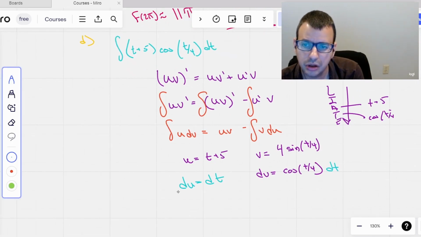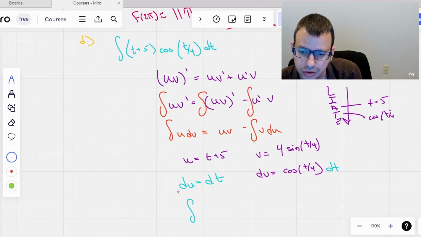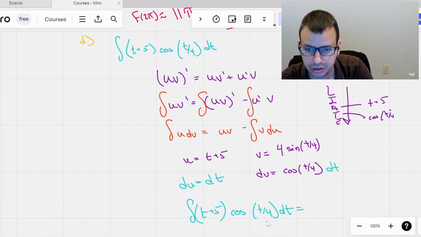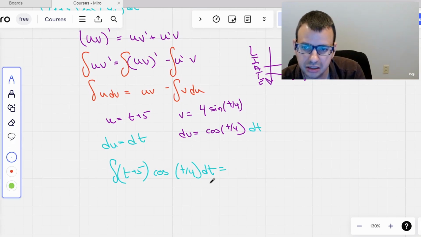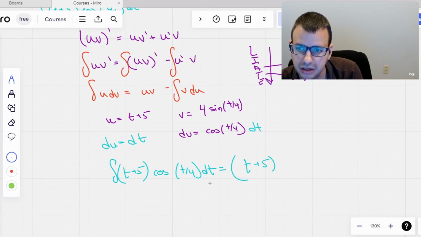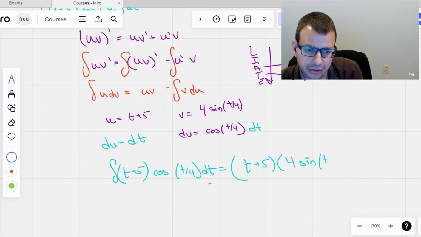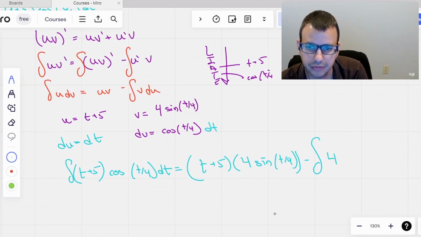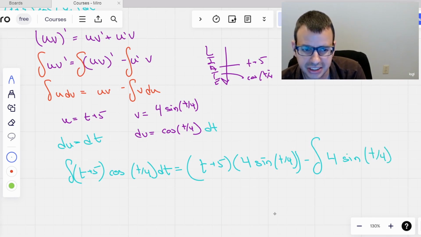So now we're going to say that the integral of t plus 5 cosine of t over 4 dt equals u times v, so t plus 5 times 4 sine of t over 4, minus the integral of v du, so it'd be 4 sine of t over 4 times dt.